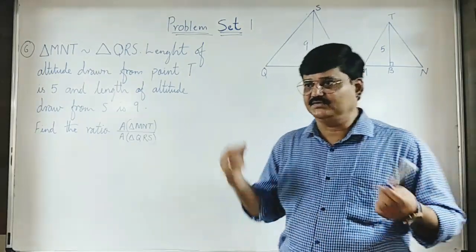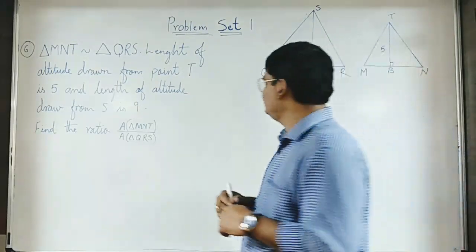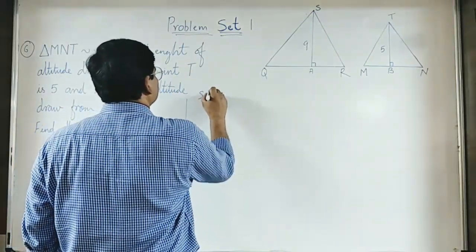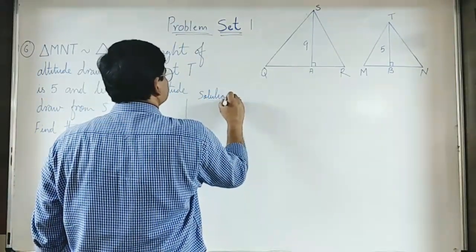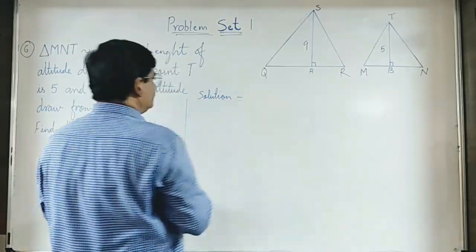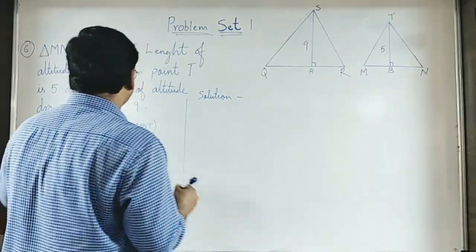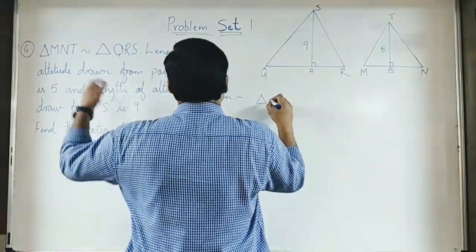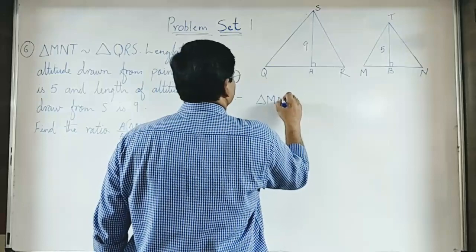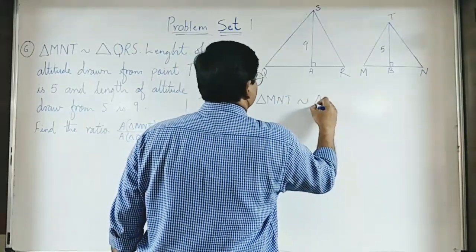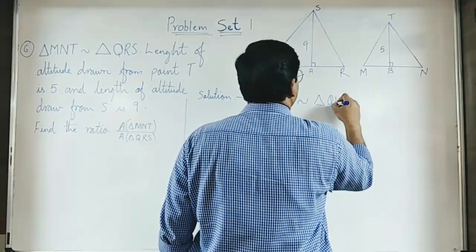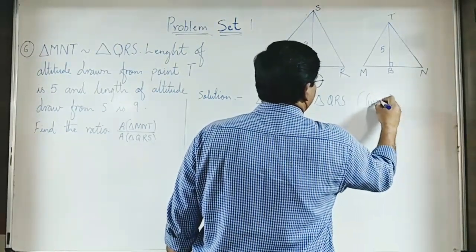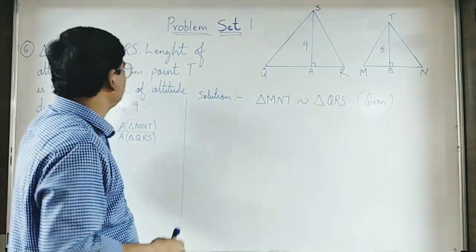Okay. So now we will do this very simple, easy sum. First I'll write the solution. The two triangles: triangle MNT is similar to triangle QRS, and this is given in the question.